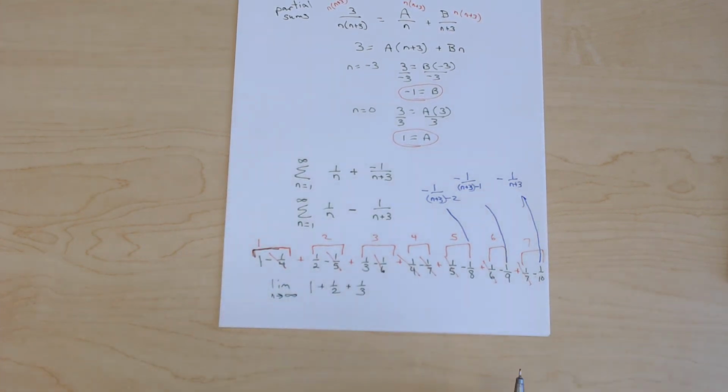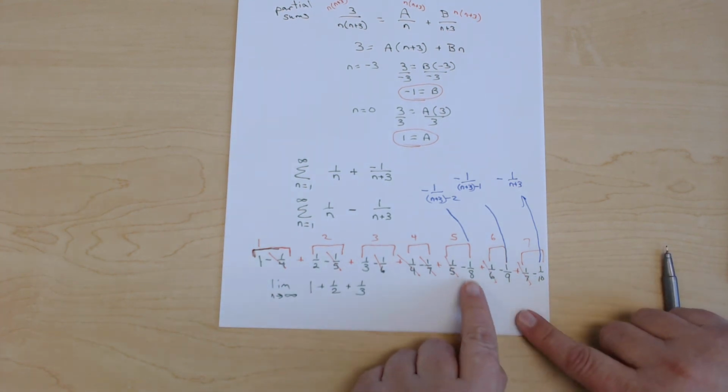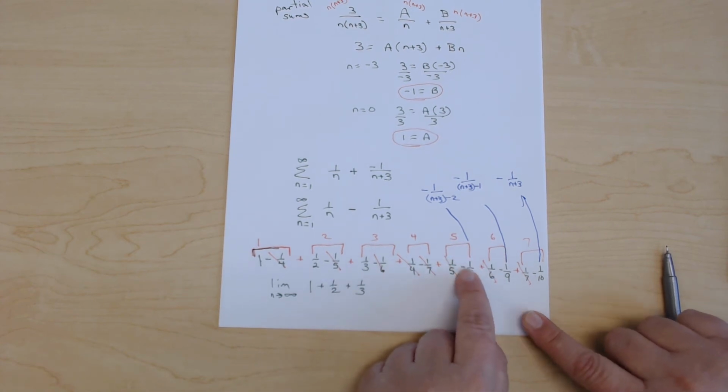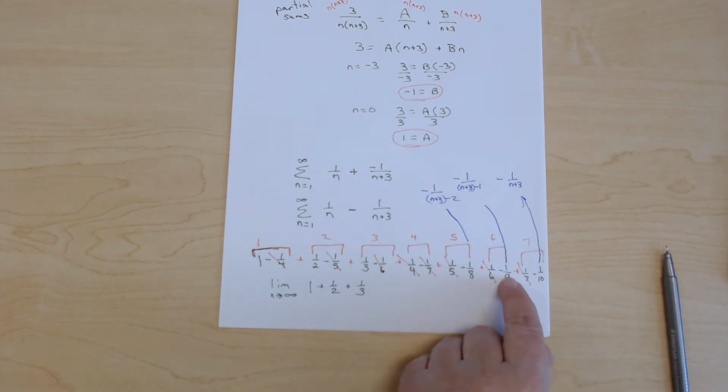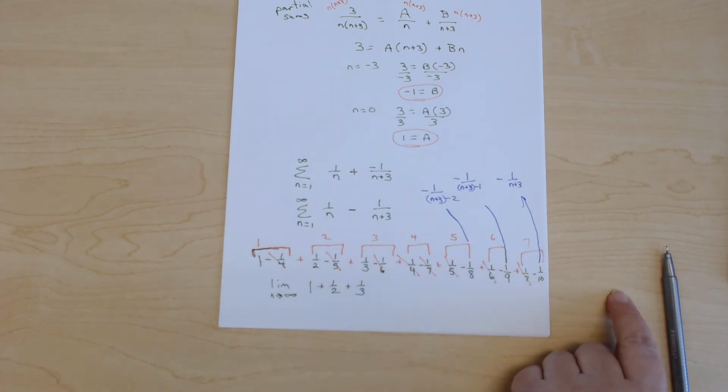Let's see if this makes sense. You're going to say, well, eventually isn't this one going to cancel? But if this one cancels, then I would have negative 1/9, negative 1/10, and negative 1/11.